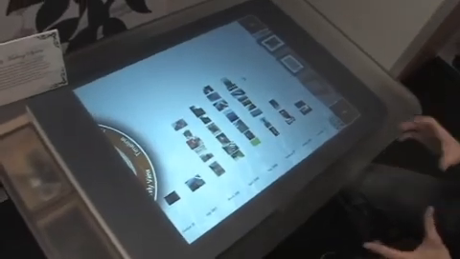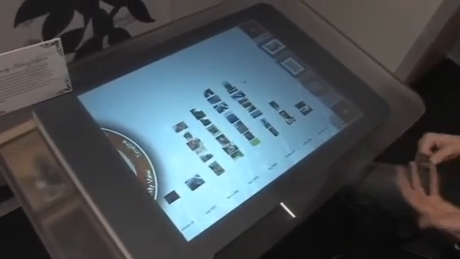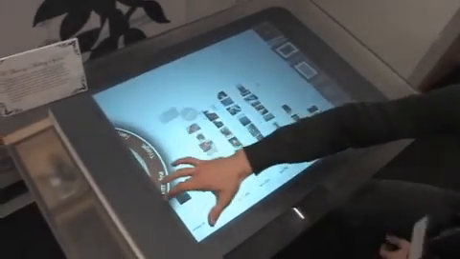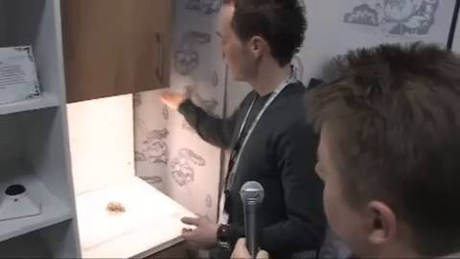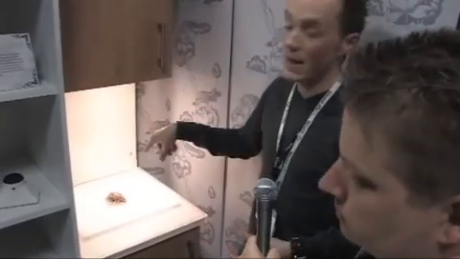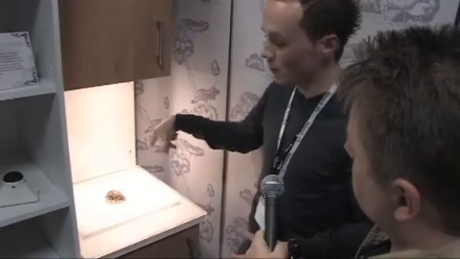Apart from putting in your digital content, for example from the camera, you can also capture physical things. In order to do that, we have to move to the kitchen. So imagine having this seashell that you took from holiday, and you would like to put that in the system. What you do is you put it on the plate here, and you wave your hand underneath this cupboard, and the scan is made of this seashell, basically.